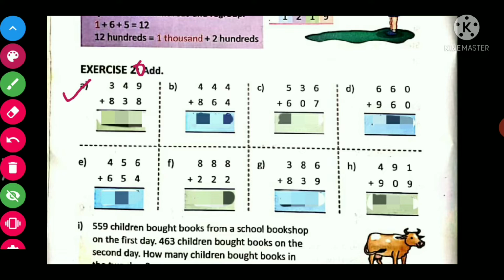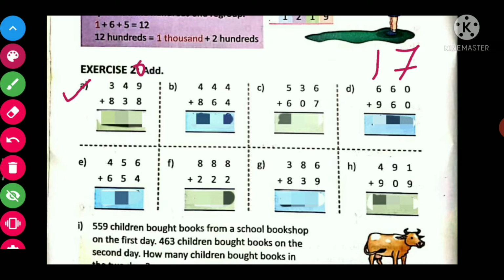Okay, so 9 plus 8, how much will it be? Yeah, 9 plus 8 will be 17, right? But we know that we can't place two digits together, because in the ones place we can place only a single digit.